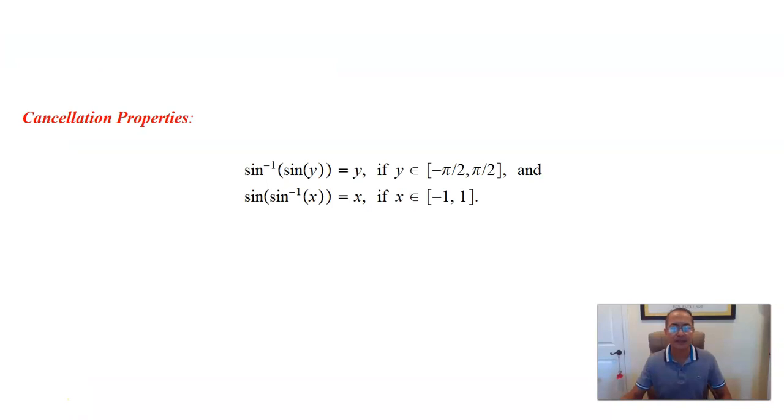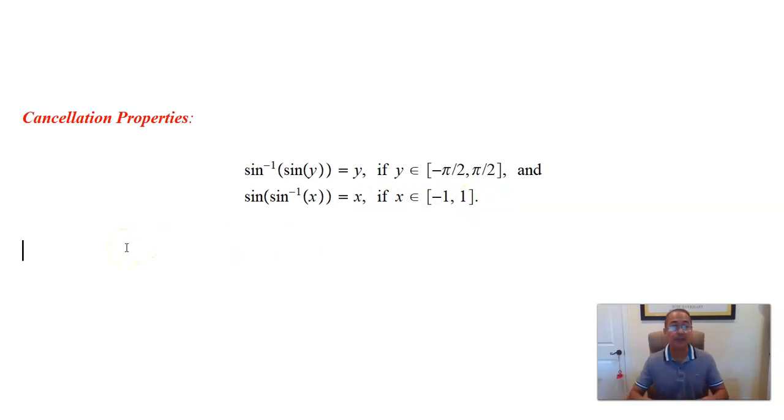Okay, so we had cancellation properties for inverse functions in general. So let's see how they look for our arcsine and sine functions. If y is an angle between -π/2 and π/2, then the inverse sine of the sine of y takes you back to y. And if x is between -1 and 1, then the sine of inverse sine of x takes you back to x.